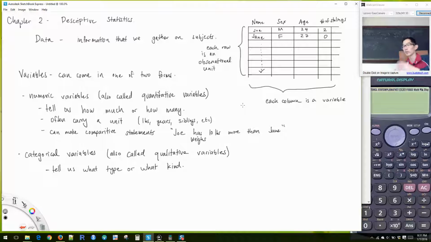So if we had very accurate scales, we could measure these things out to great precision. Whereas when we ask how many siblings do you have, you give me a whole number, okay? Yes, I realize there is such a thing as half siblings, but you have to count them as a full person, okay?